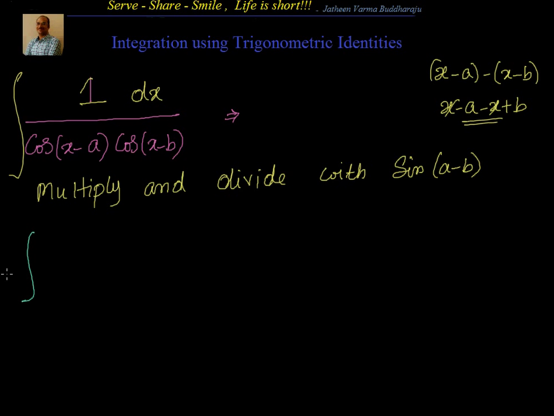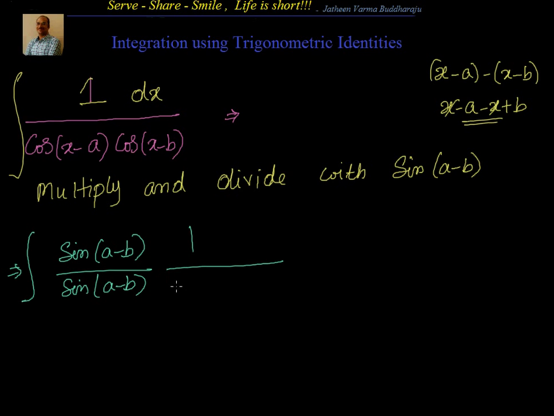This is nothing but equal to sin of a minus b divided by sin of a minus b, multiplied with 1 by cos of x minus a and multiplied with cos of x minus b. I can get sin of a minus b out.